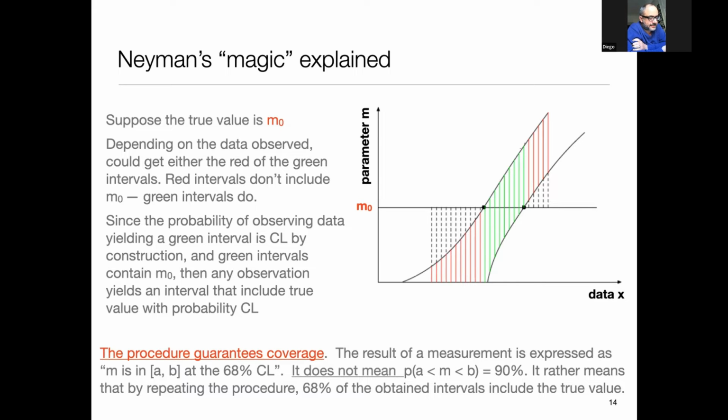This is exactly the mechanism by which this procedure guarantees coverage, because by construction, a fraction of my possible results equal to the confidence level I set contains the true value with that probability.